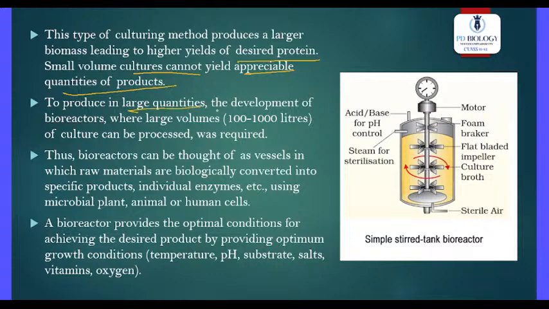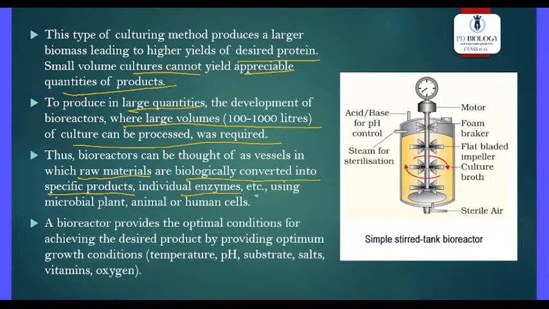To produce large quantities, the development of bioreactors, where large volumes of culture can be processed, was required. Thus, bioreactors can be thought of as vessels in which raw materials are biologically converted into specific products.